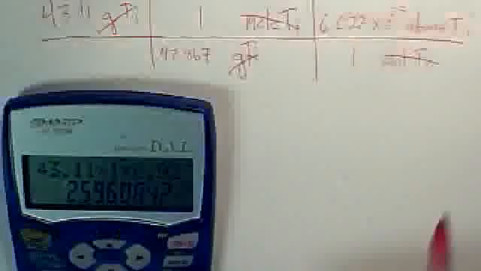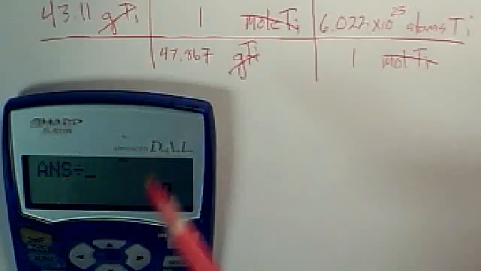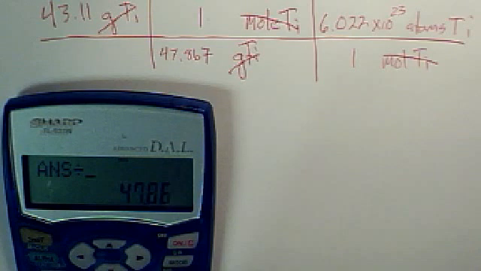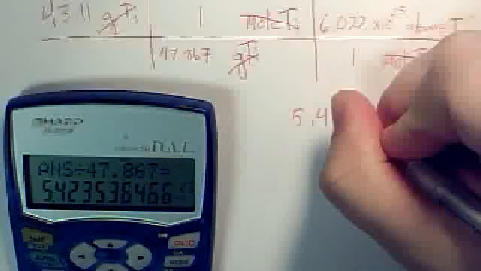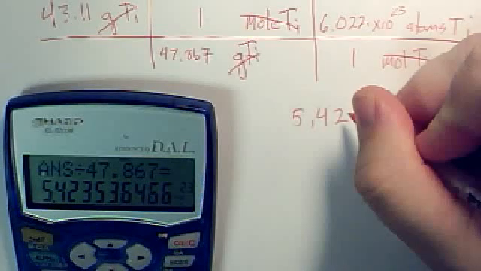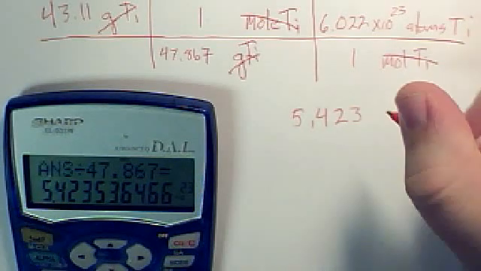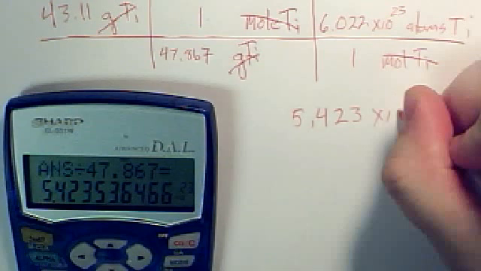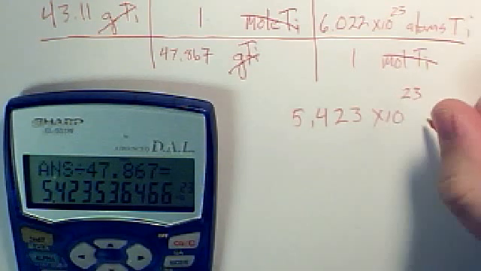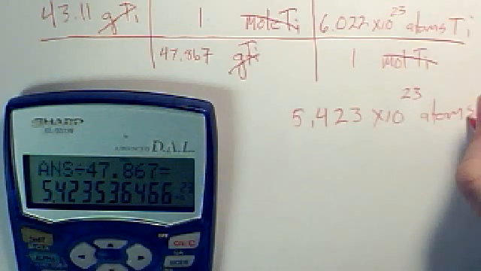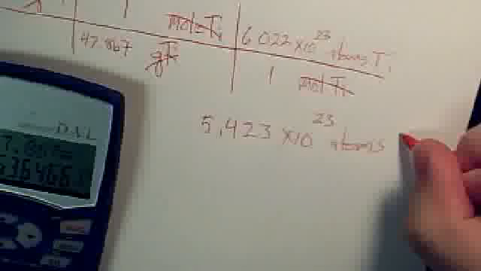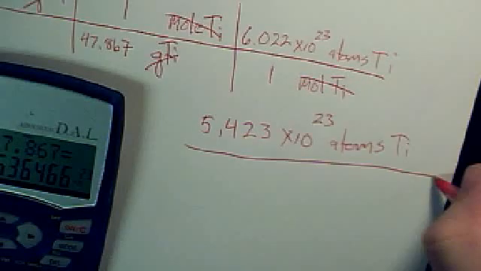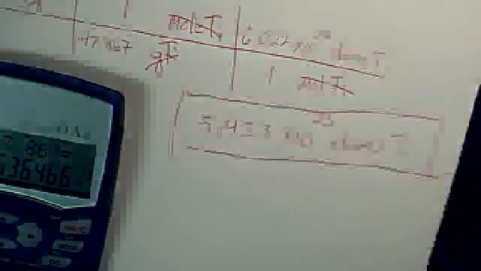Alright, and now I'm going to divide by 47.867, and that gives me 5.423 times 10 to the 23rd atoms of titanium. And there you go.